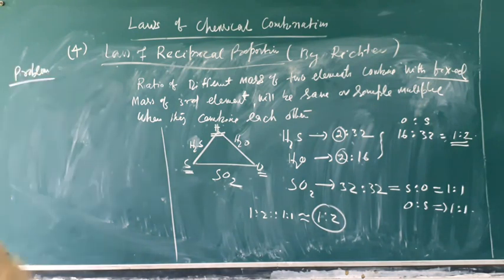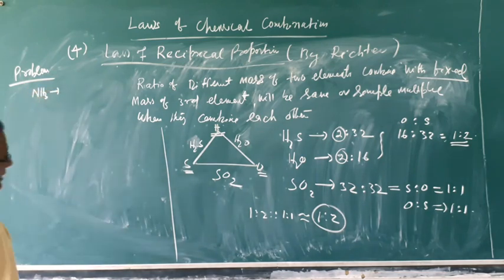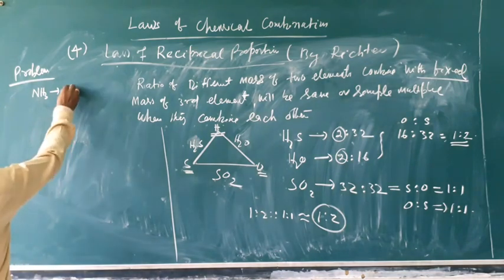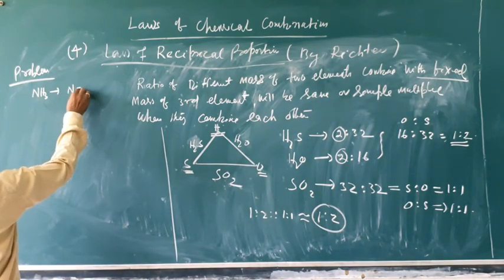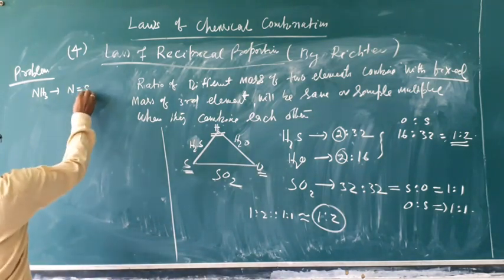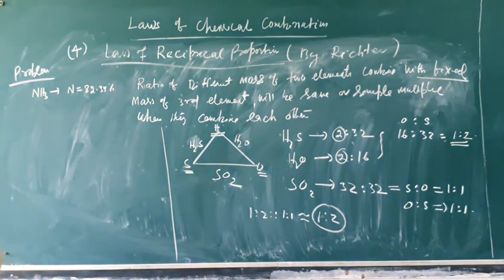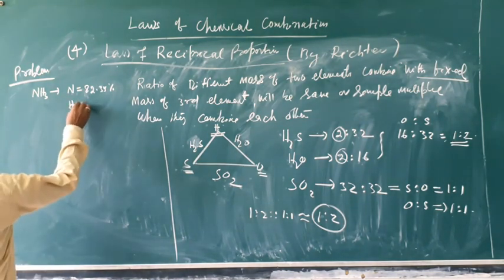Similarly, the problem data. The problem is like this. Ammonia is a compound of hydrogen and nitrogen. The nitrogen percentage is how much? 82.35. Then hydrogen, how much?